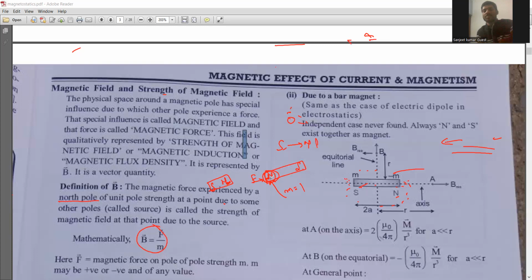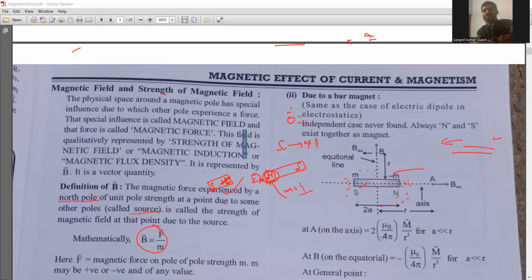This pole is experiencing force F because of this magnet, which is the source, and the strength of this pole is 1.